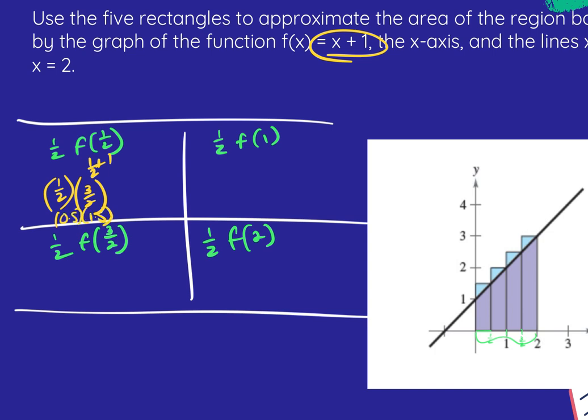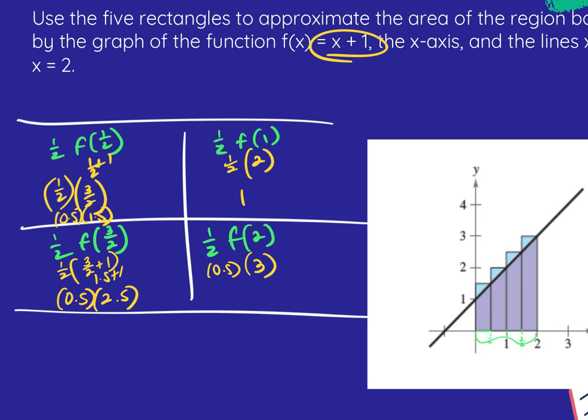This one would be 1/2 times f of 1, which is 1 plus 1, which is 2, so that's just 1. 1/2 times f of 3/2, or 1.5 plus 1, is 2.5. So 0.5 times 2.5. And then 1/2, which could be 0.5, and plug in 2: 2 plus 1 is 3.